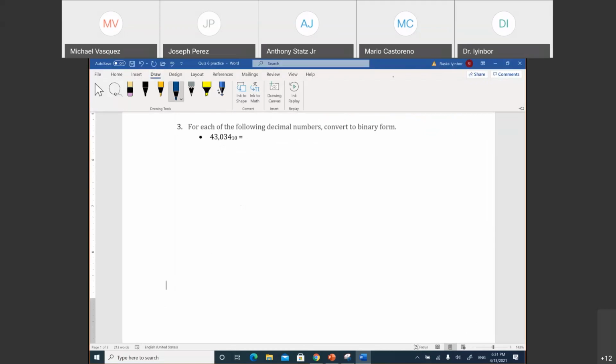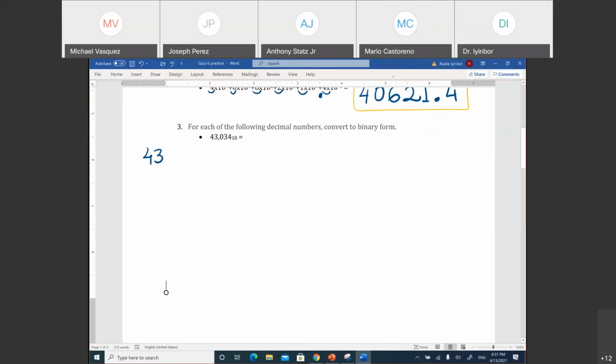So I'm going to start with 43,034, and I'm going to divide by 2. It divides evenly, so 43,034 divided by 2 is 21,517 with remainder 0.